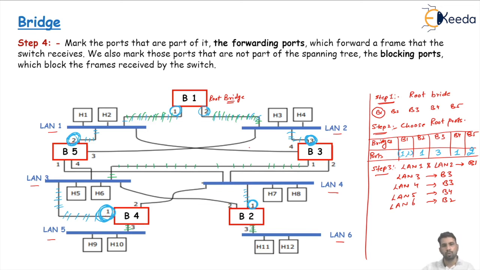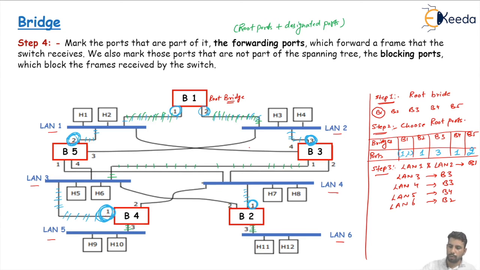Forwarding ports means the root ports plus the designated ports, which forward a frame that a switch or bridge will receive. And we also mark the ports that are not part of the spanning tree; these are called the blocking ports.